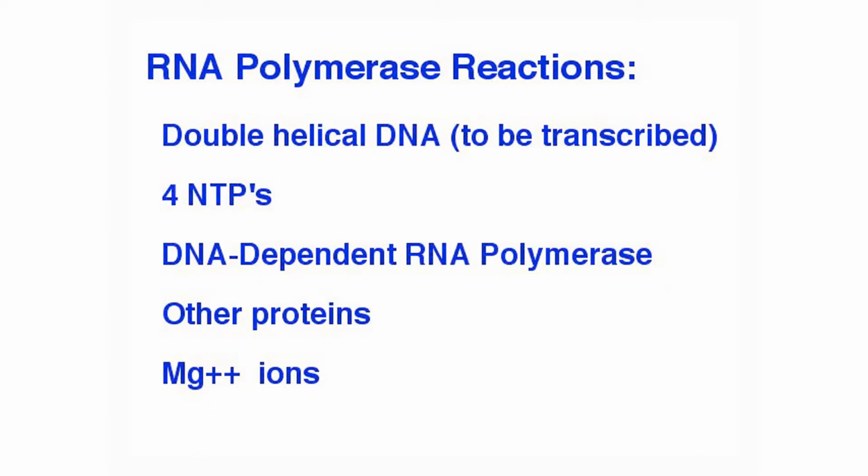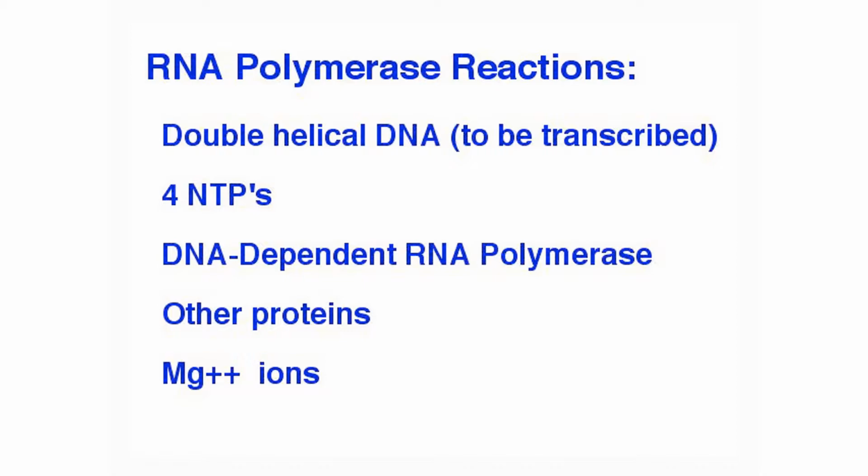Transcription of RNA from DNA requires the following components. The double helical DNA to be transcribed, although it can use single-stranded DNA as a template. 4 NTPs, so we need those nucleoside triphosphates. And note, they are not deoxy.